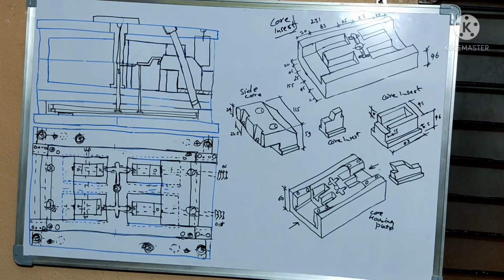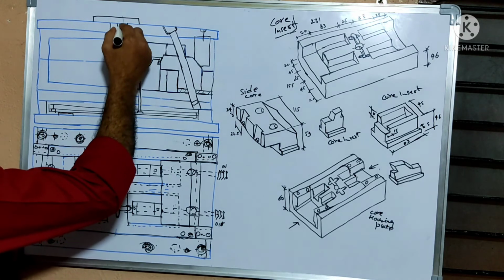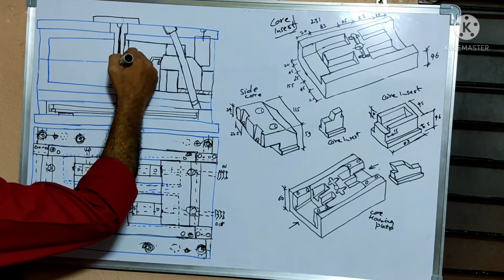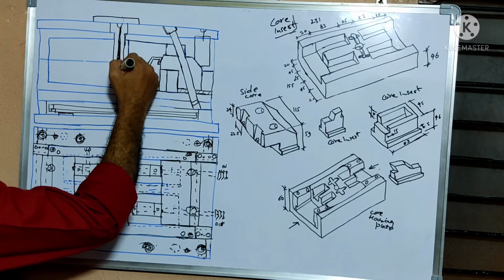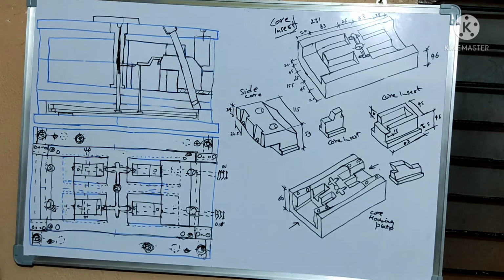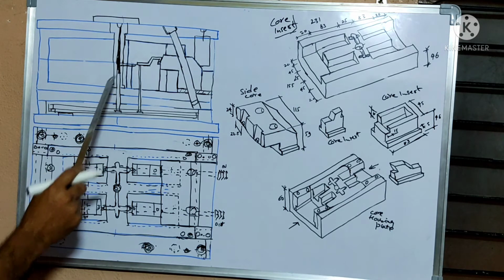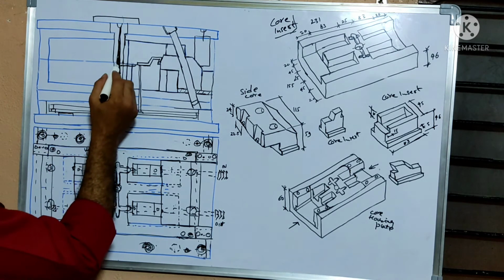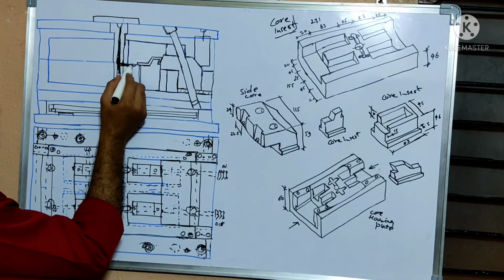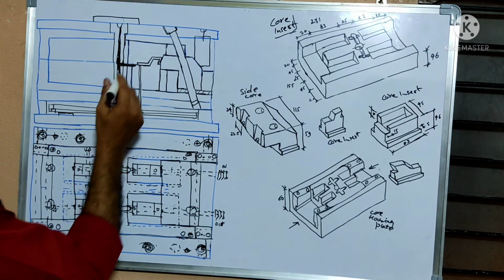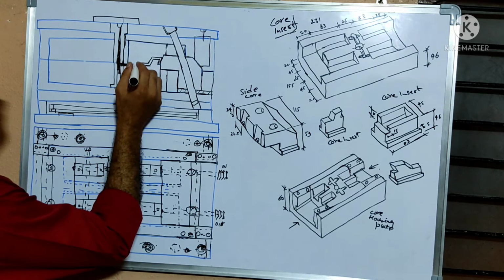When the molten material is made to flow through the feed system, the molten metal comes through the sprue, and then it enters into the sprue puller pin, and then it enters into the runner. The runner is a modified trapezoidal runner. After the runner, the molten metal enters into the gate.